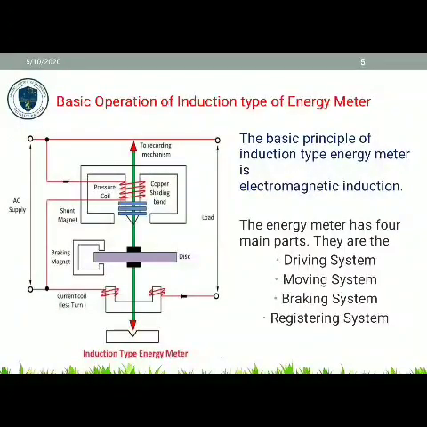The third one is the braking system. The permanent magnet is used for reducing the rotations of the aluminum disc. The aluminum disc induces the eddy current because of its rotation. The eddy current cuts the magnetic flux of the permanent magnet and hence produces the braking torque.